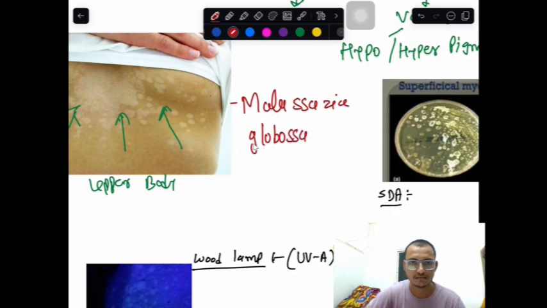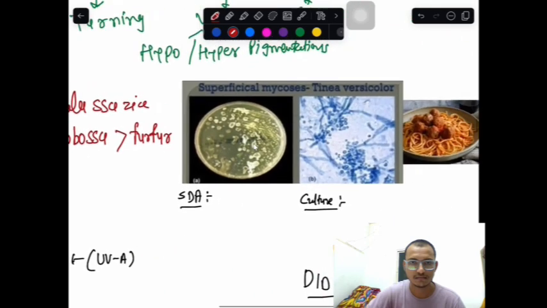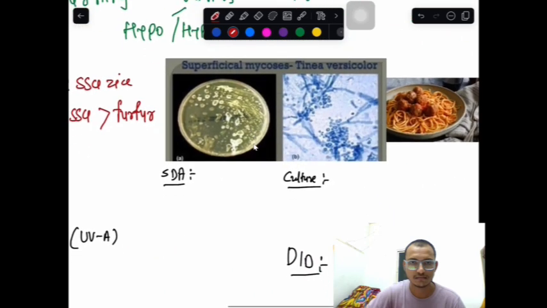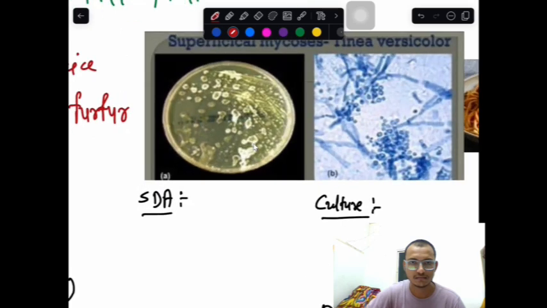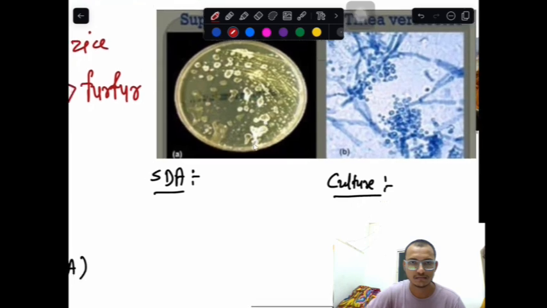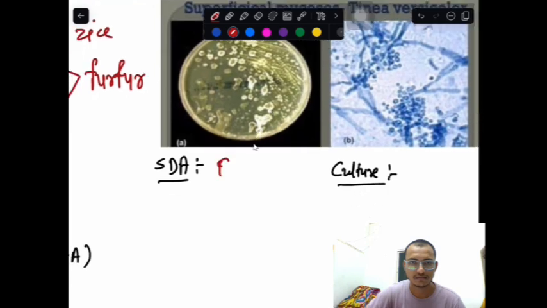globosa over furfur. Okay, why is globosa more common? Because it's global, so globosa is the more common. Malassezia globosa, and the second one is furfur. If we grow it on SDA agar, we can see fried egg colonies.